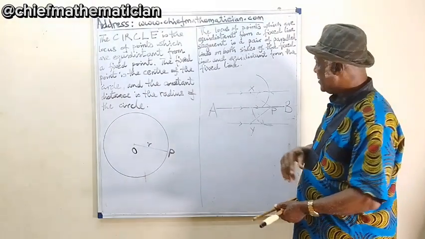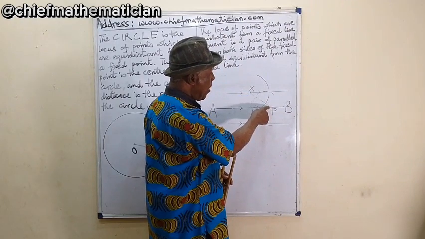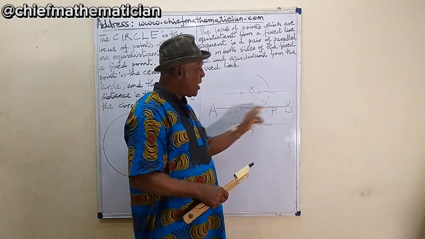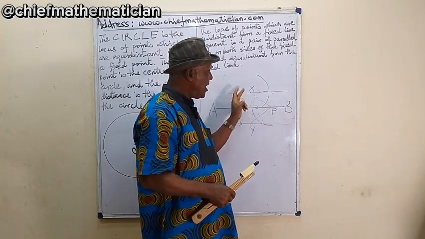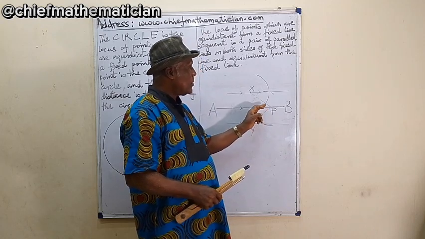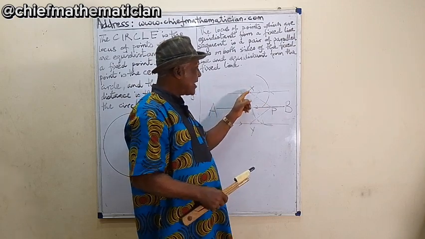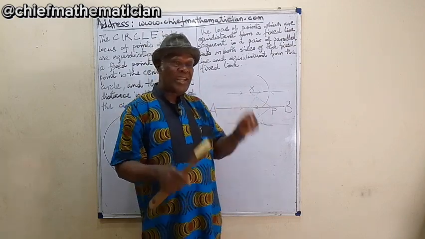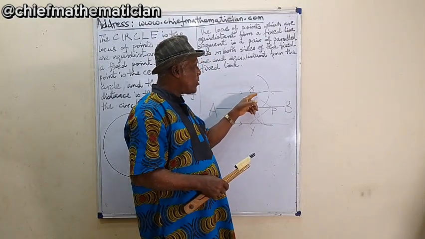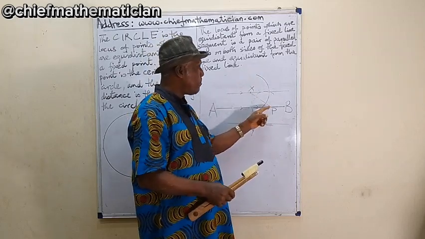And to do that, you take a point P on AB. Now join XP. When you join XP, you will get angle XPA. What you need is go to the point X and construct an angle equal and alternate to angle XPA.